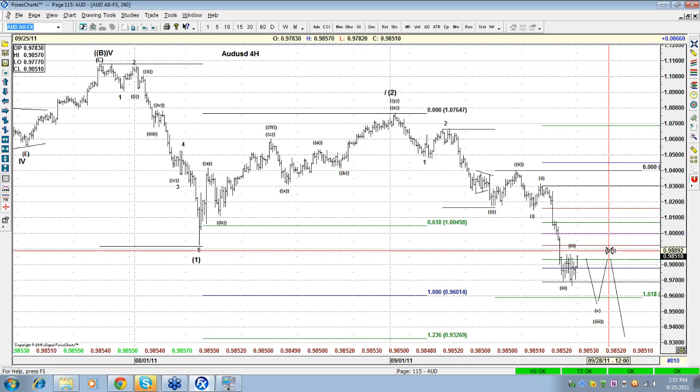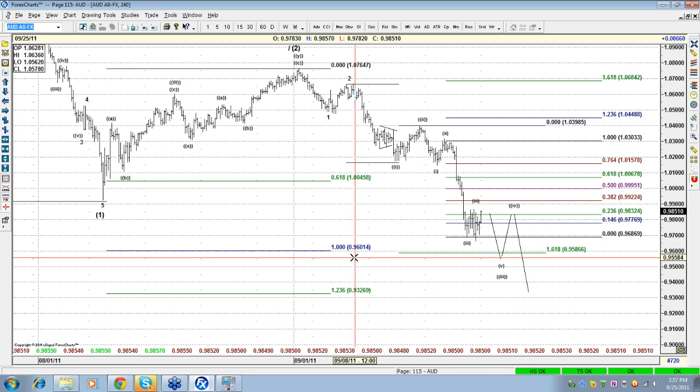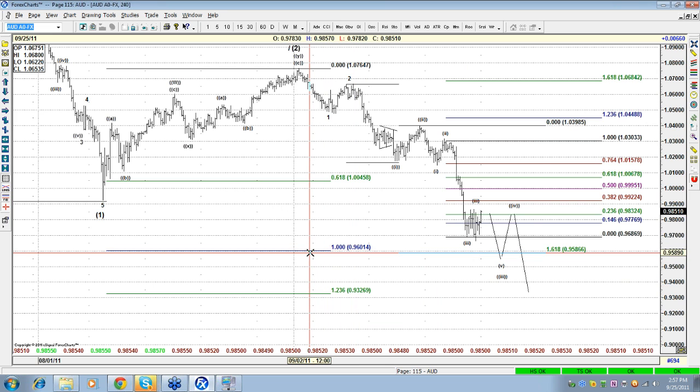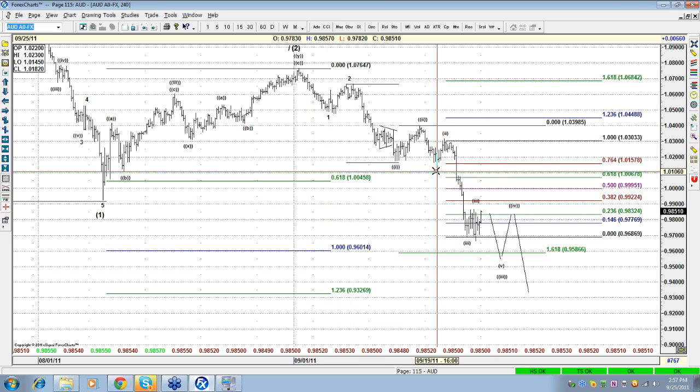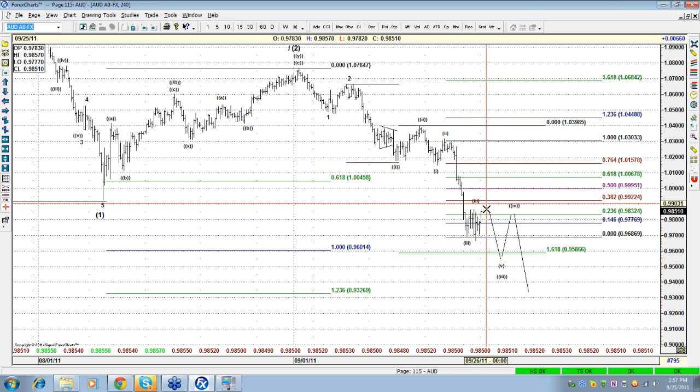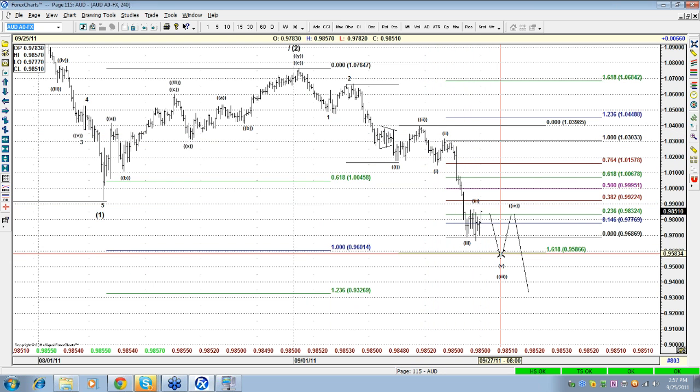If you take a look, that's about the Zen area right there. So we should get the end of 1, 2, 3, 4, 5 from there.